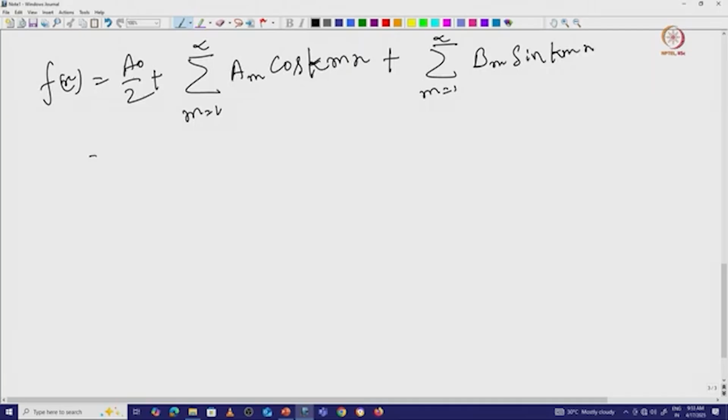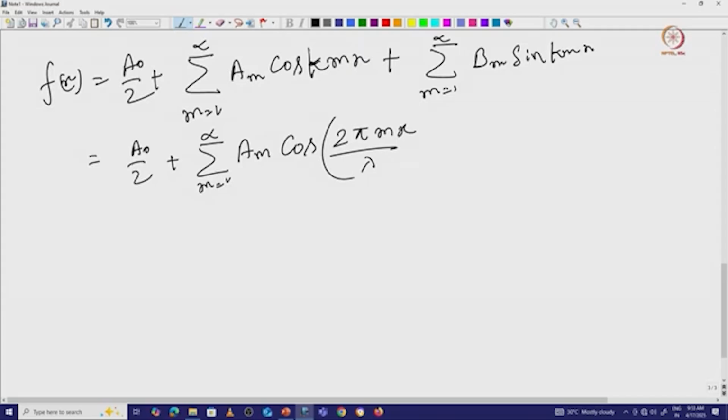Now, if we replace these things, we get the summation m equals 1 to infinity, am cos 2 pi mx by lambda.